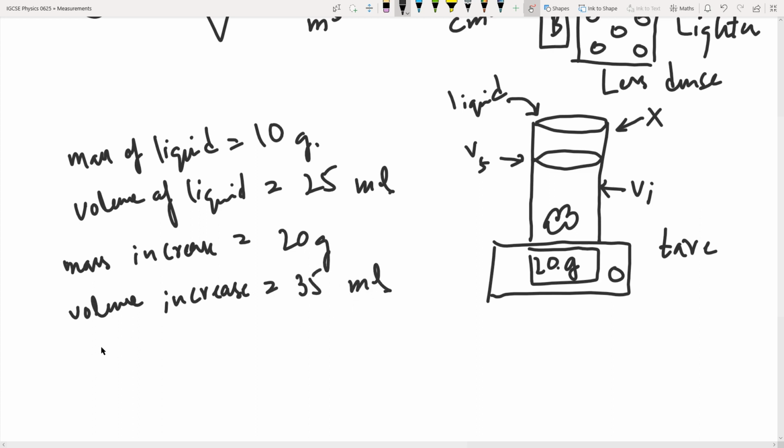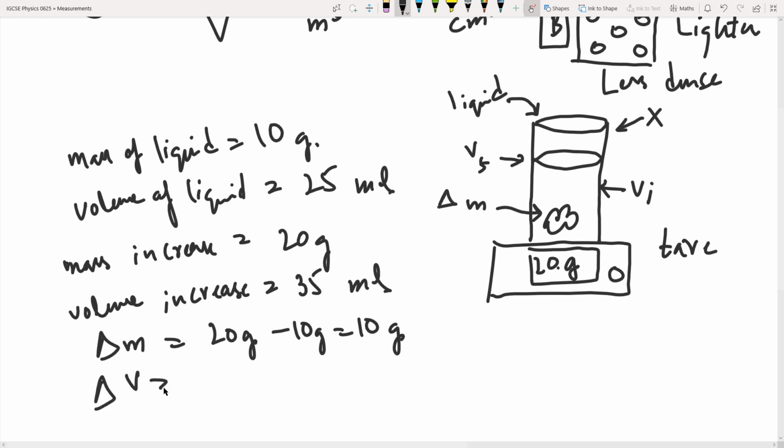So from here I'm going to find the change in mass. Delta mass is going to be 20 grams minus 10 grams. That will give me 10 grams of mass, which is the mass of this object now, right? Delta M is going to be this mass, and then I'm going to find the difference of volume. That is going to be 35 ml minus 25 ml, which is going to be 10 ml.